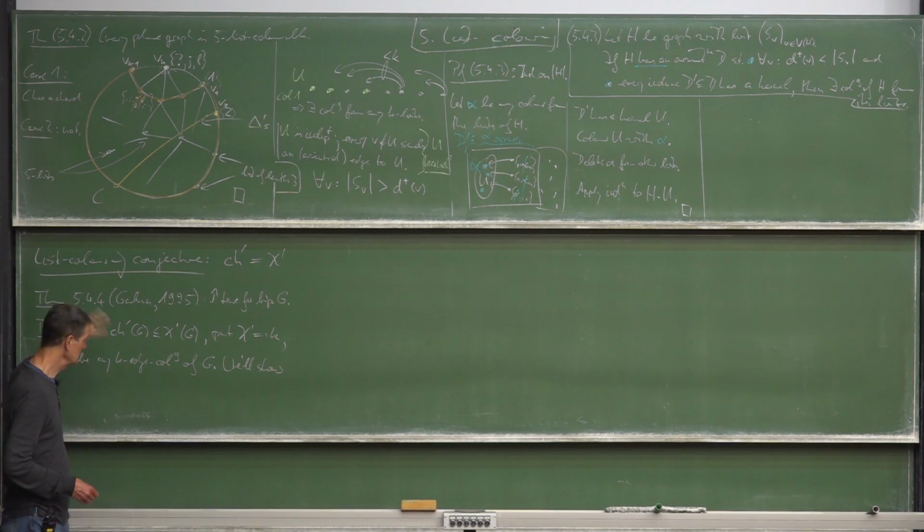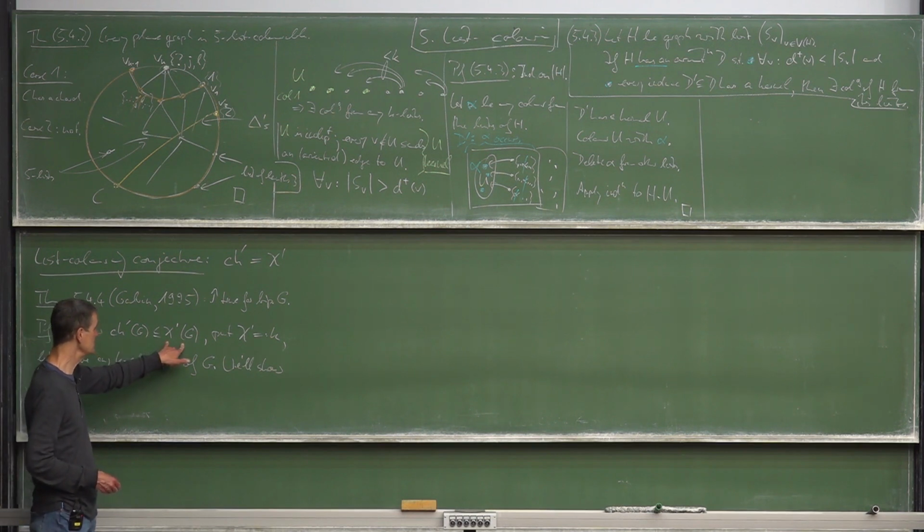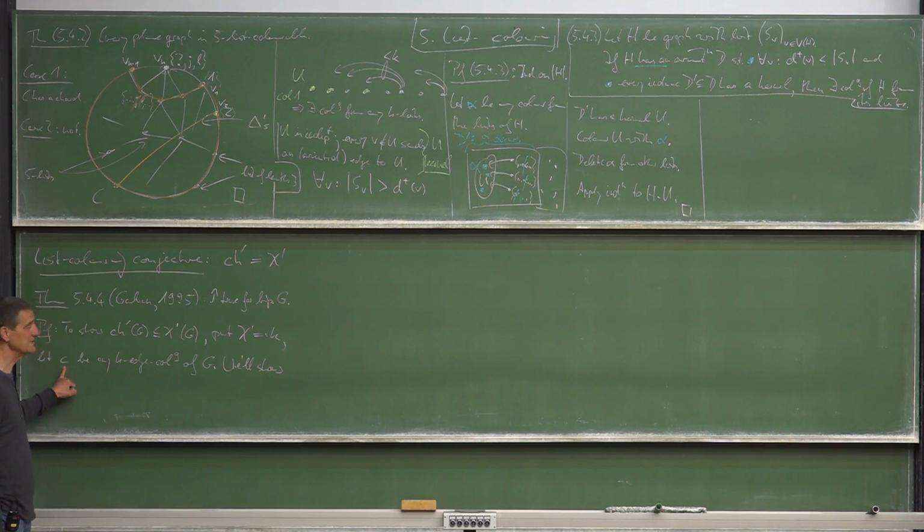So we use the information that we have that the choice number of the line graph is smaller than the chromatic number of the line graph by picking a particular coloring of the vertices of the line graph and calling that coloring C, and then we're going to use those colors in the proof.